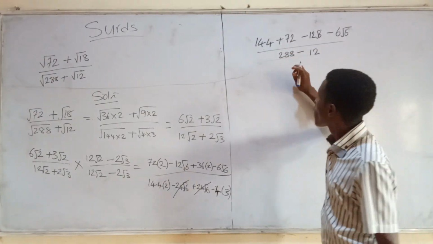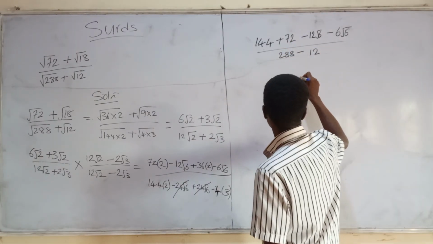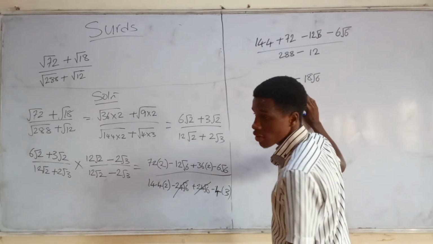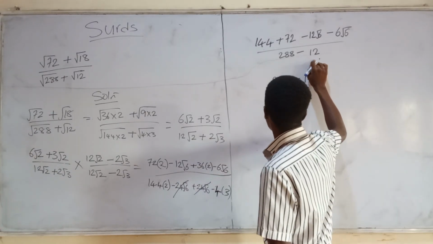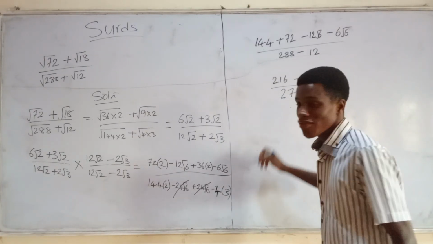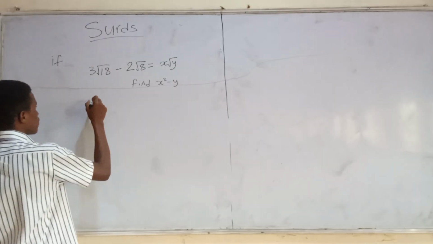So what do you have here? 216 minus 18 root 6 over, this will give us what? 276.